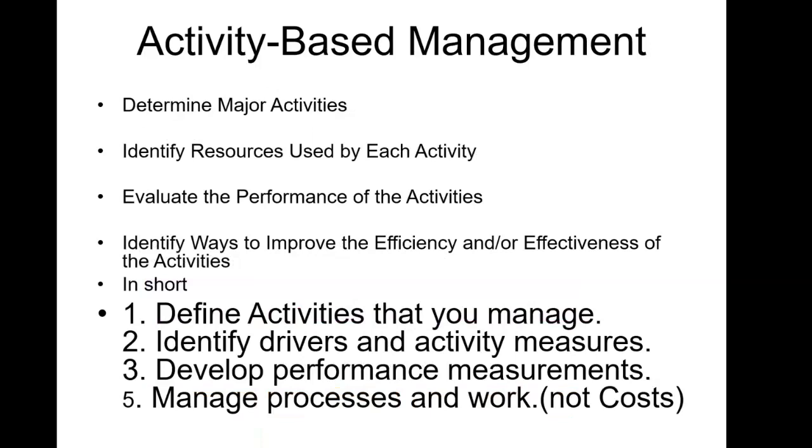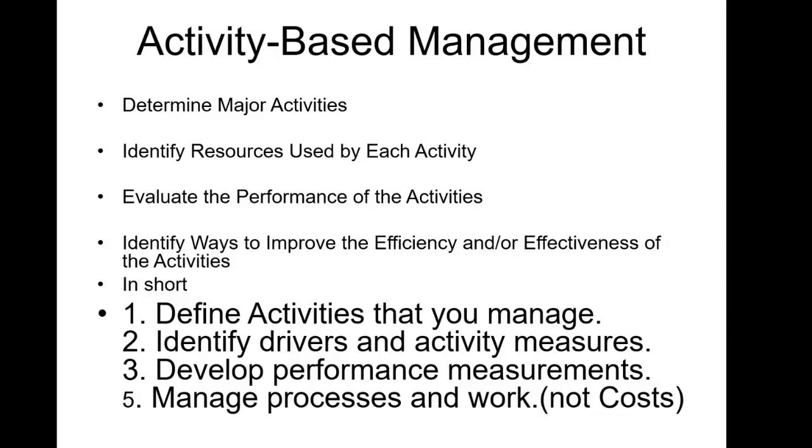So how do we go about doing that? Well, we look at the major activities first. Identify the resources used by each activity. Remember our 3 cost elements: direct material, direct labor, and all those other indirect costs, which we used to call manufacturing overhead. But now when we're focusing on activities, it's the direct material, direct labor, and indirect costs.